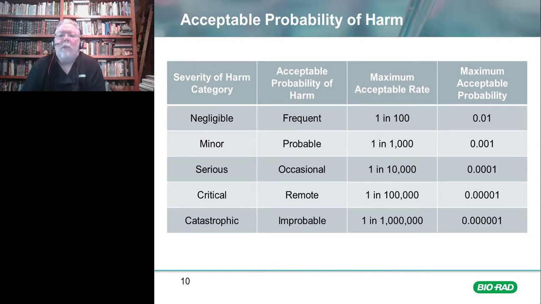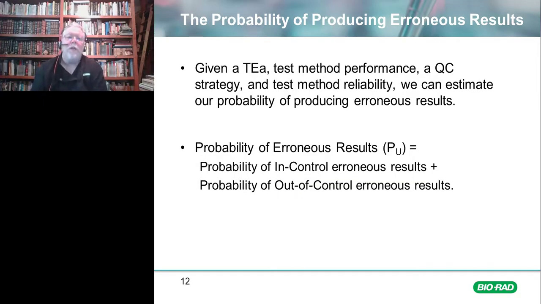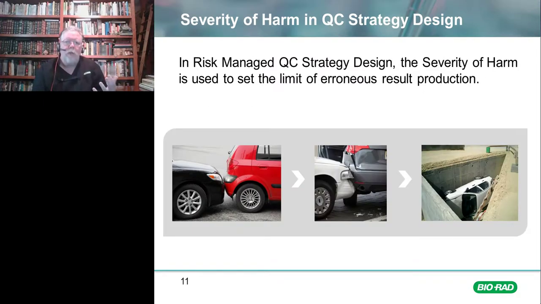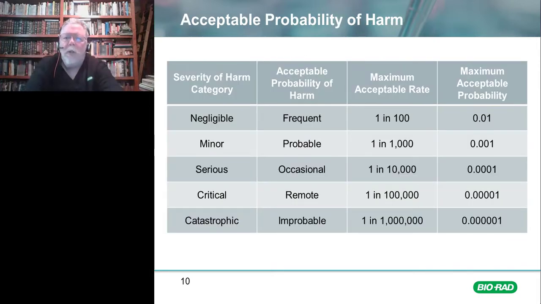So the maximum acceptable probability for negligible harm, or inconveniencing a patient, is 1 in 100. And then that drops down to 1 in 100,000 for critical harm or 1 in a million for catastrophic harm. So that then gives us a way to actually determine how much harm is acceptable. And it's based on the utility of the actual test method itself.